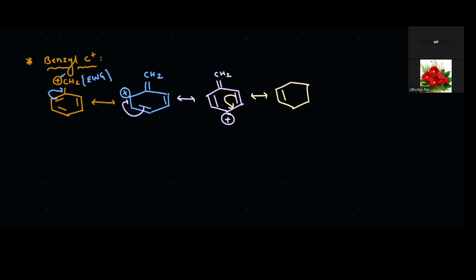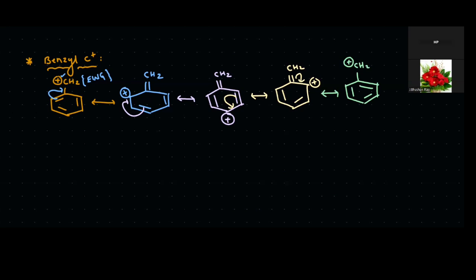Here positive charge, here double bond CH2. So finally it donates electrons to this. Now here CH2 plus, here double bond, here double bond, here also a double bond. So these are the mesomeric structures, the resonating structures of the compound.